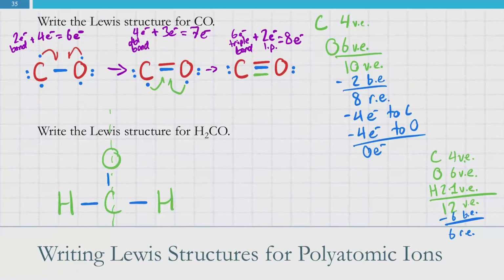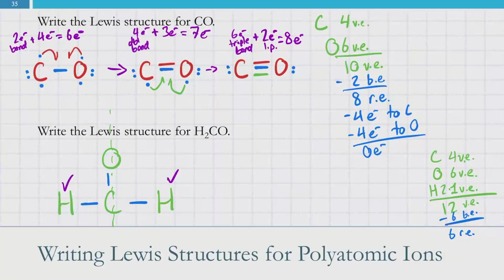Where can we put those remaining electrons? We can work from the outside, inside. Our hydrogens already have their duets, so hydrogen's good. Oxygen has 2 electrons. It needs 8.